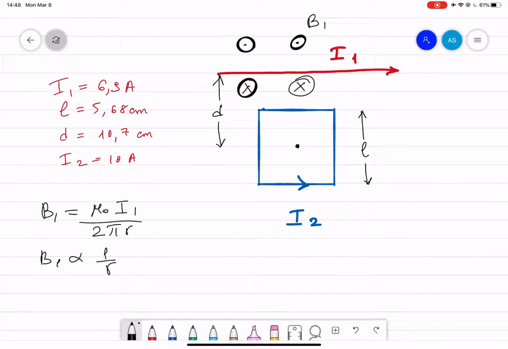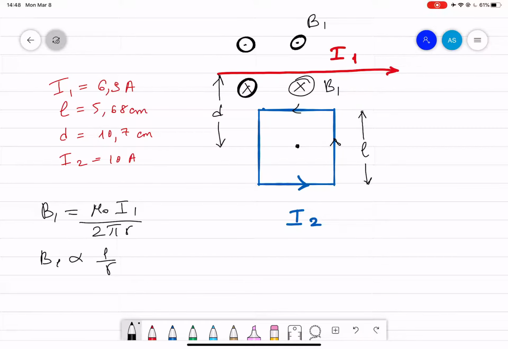Now the second thing we have to know is the direction of the magnetic force acting on the wire 2. The magnetic field created by the current 1 is into the page, and the direction of the current is like this, right?